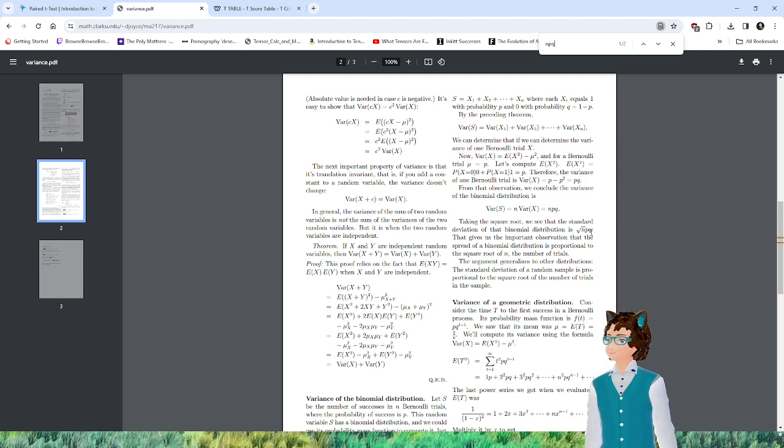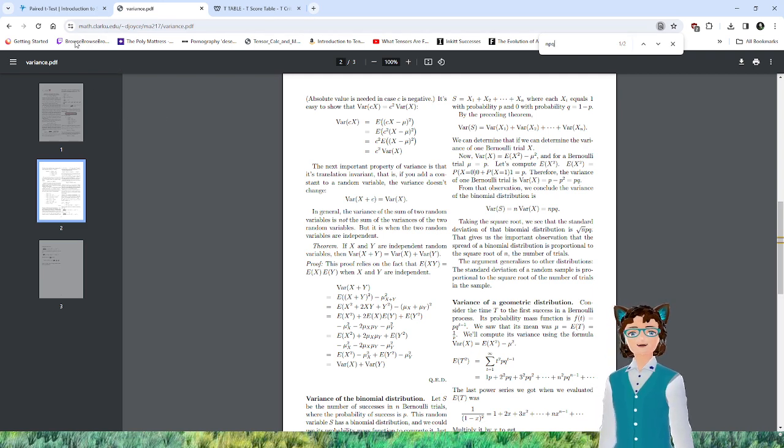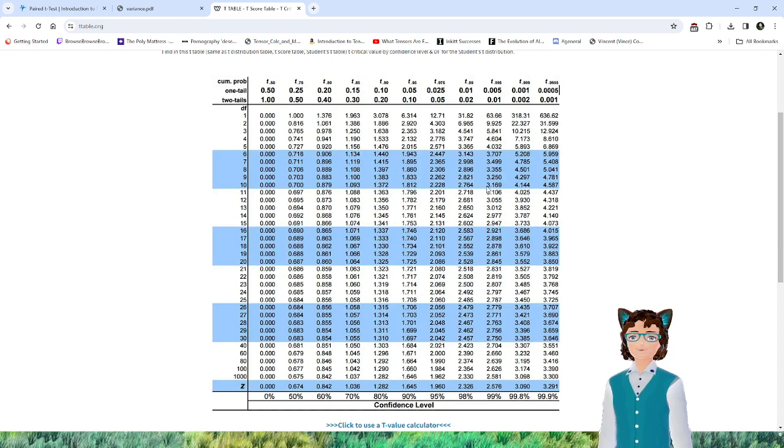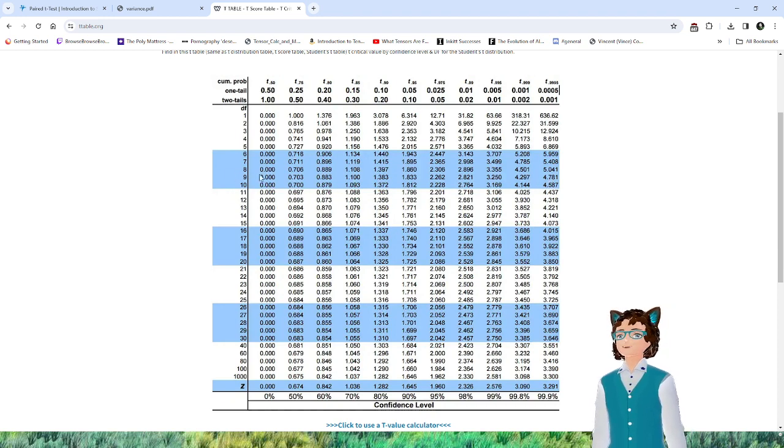Once we've done that, we calculate it over the square root of the number of trials, and we use the paired t-test because both are 10. Once we've got that t, we then do n minus 1, or number of trials minus 1, for the degrees of freedom, and then we go to the t-table and see how statistically significant we are based on 9 degrees of freedom and the t-score we get.